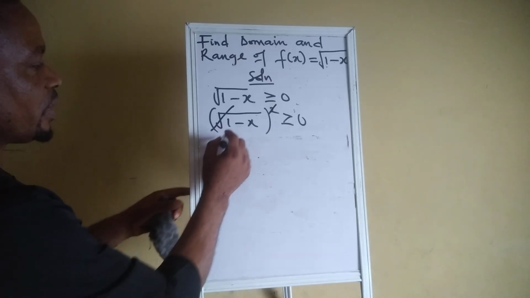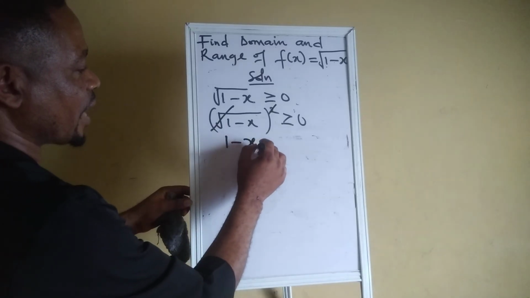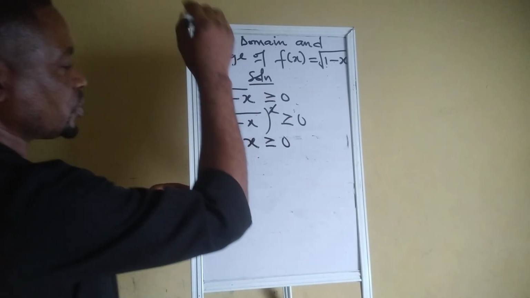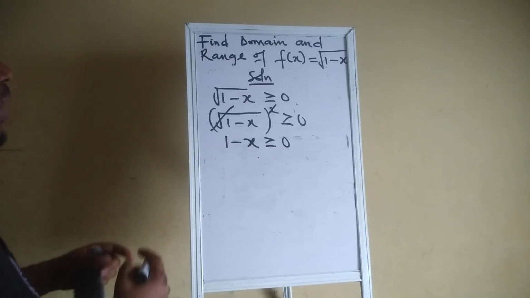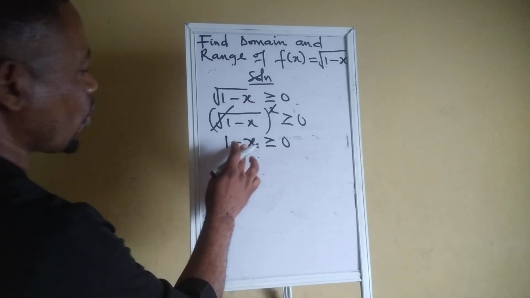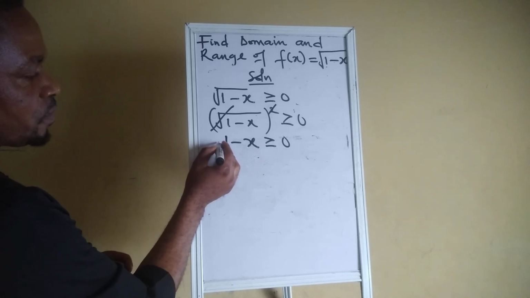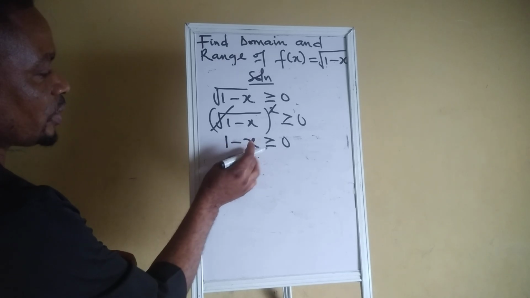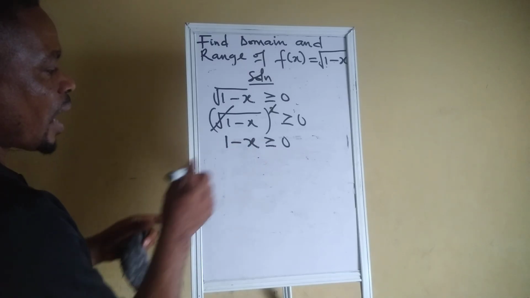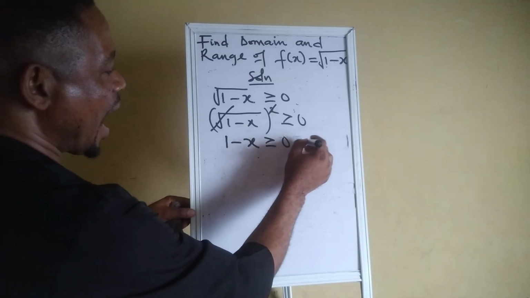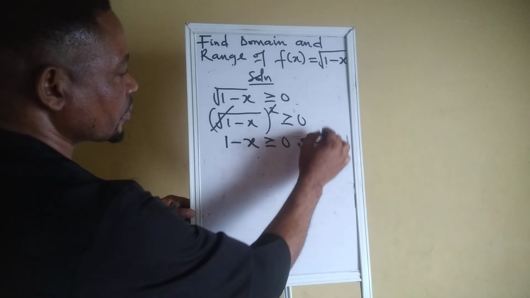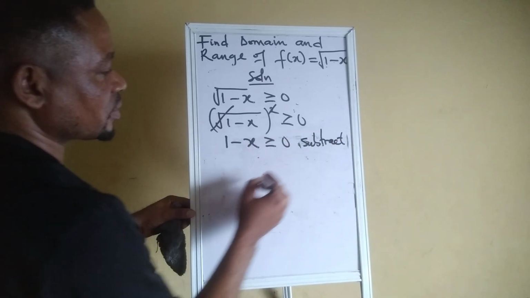What do you think is remaining? I'll have 1 minus x greater than or equal to 0. Am I communicating? Now our target is to make x the subject of the formula. Here is plus, right? What do I do here in order to make x alone? I will now say add, subtract. Not add, subtract.